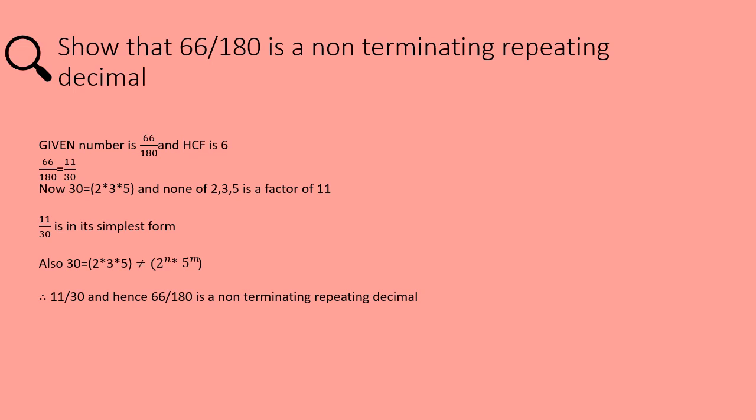So in the simplest form, it can be written as 11 by 30. The denominator 30 has 2, 3 and 5 as its factors. Now 2, 3 and 5 are not of the form 2^n into 5^m, which clearly shows that 11 by 30 or 66 by 180 is a non-terminating and repeating decimal.